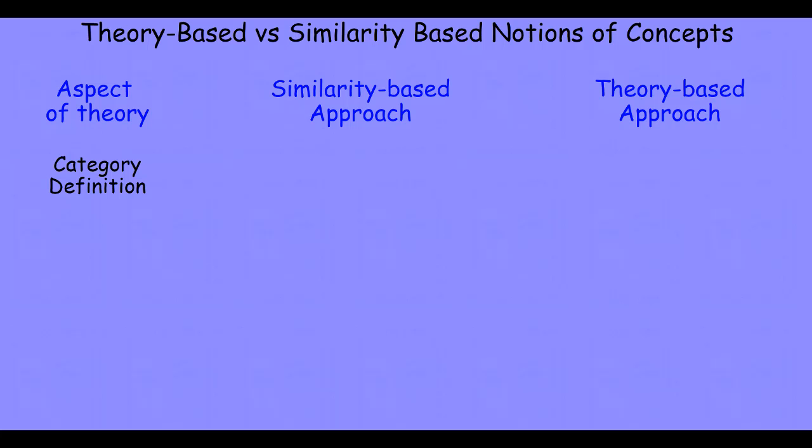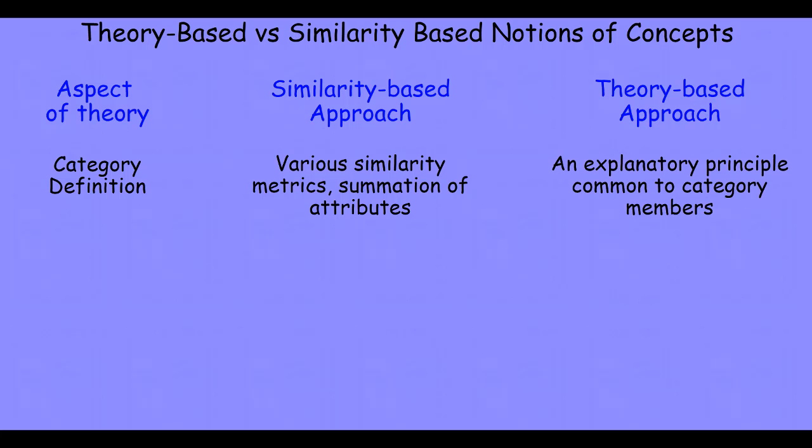How do we get the category definition? That is, what counts and what doesn't count as an instance of that category. On our similarity-based approaches, we have various similarity matrices, and mostly it's summation of attributes. If you have enough attributes, then you are a member of that category. If you don't, you are not. Now, the theory-based approach includes explanatory principles that are common to category members.